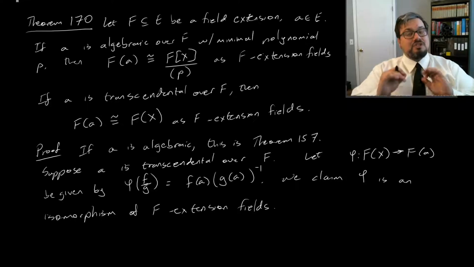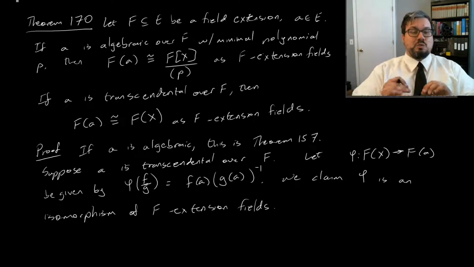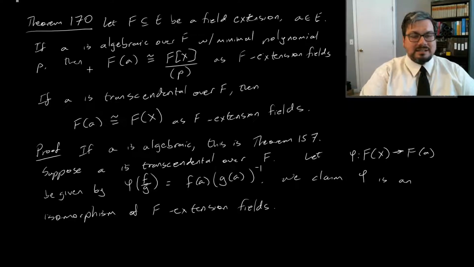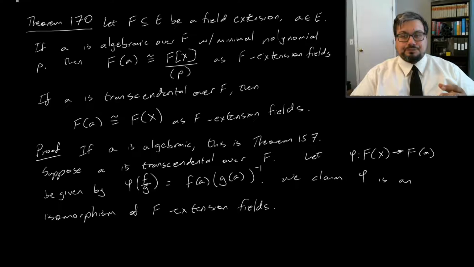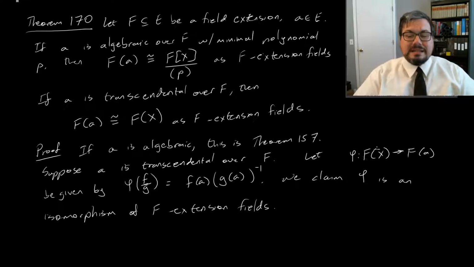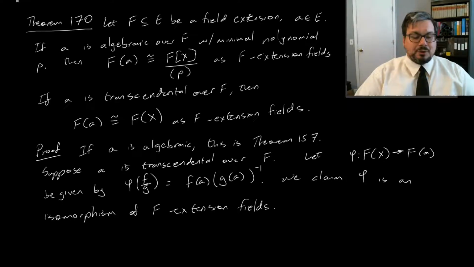Now, the first thing that we have to check is to make sure that phi is well defined. The reason why we have to worry about that is because the elements of F(x) have representatives. They're not uniquely described. f over g, rather, could equal h over k for totally different h and k.